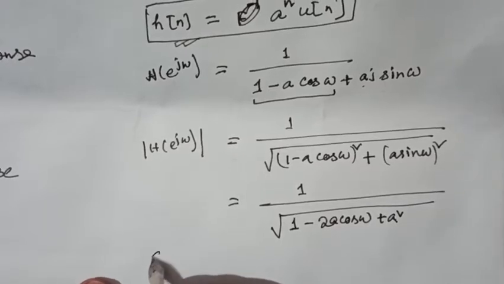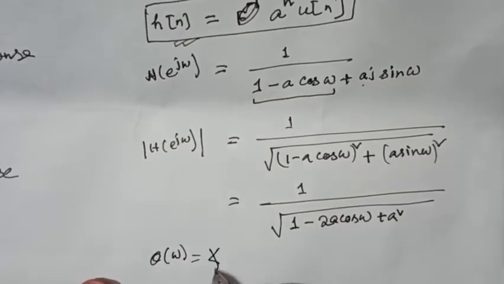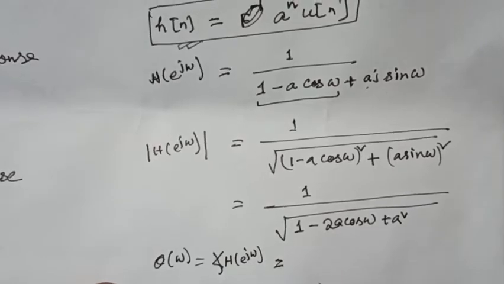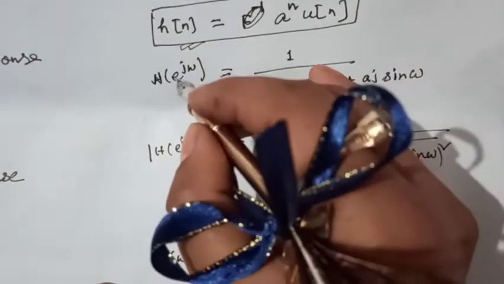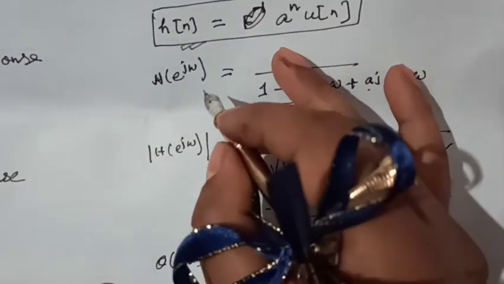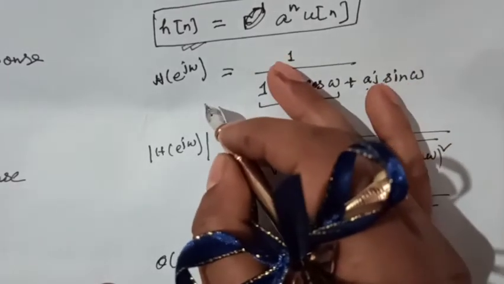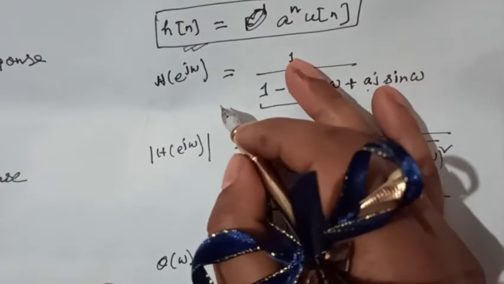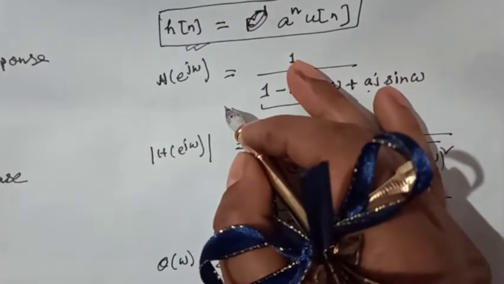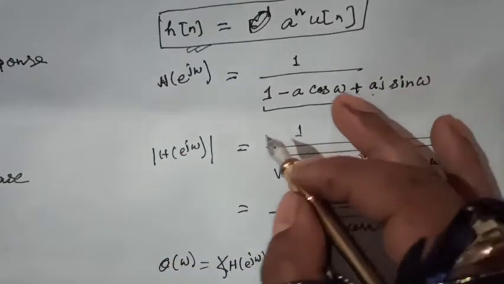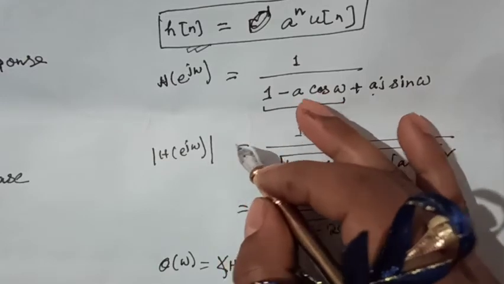Similarly, the phase response theta of omega, which is the angle of the complex quantity H of e to the power j omega, will be tan inverse of b by a. So here the numerator is 1, so the angle is tan inverse of 0 by 1, that means it is 0, then minus tan inverse of a sin omega divided by 1 minus a cos omega.